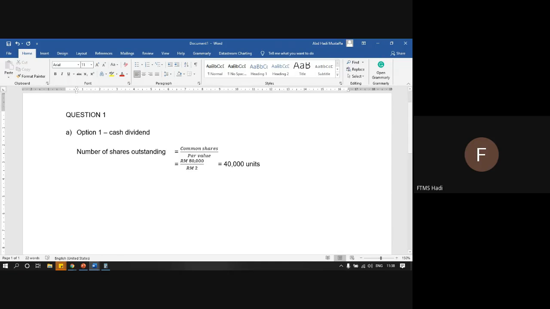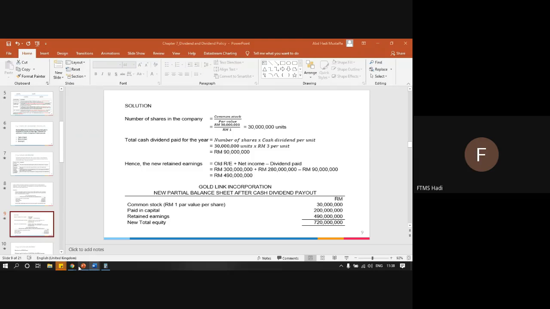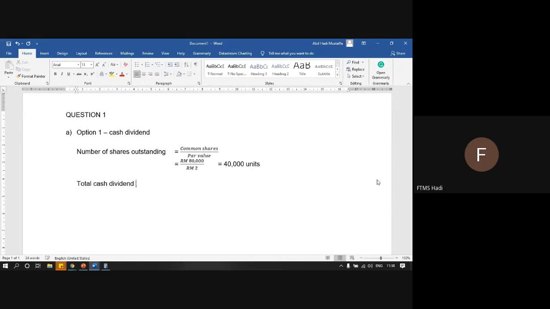Then the next part is you need to calculate the total cash dividend for the year, how much cash the company needs to issue in order to pay shareholders. The formula will be number of shares outstanding multiplied by cash dividend per unit. The number of shares outstanding, this 40,000, bring it down, multiplied by how much cash dividend per unit declared by the company?